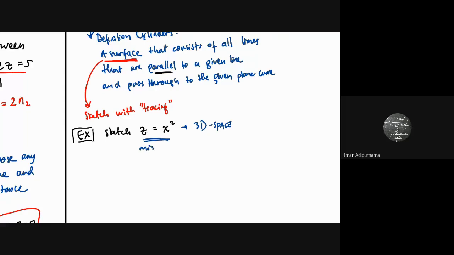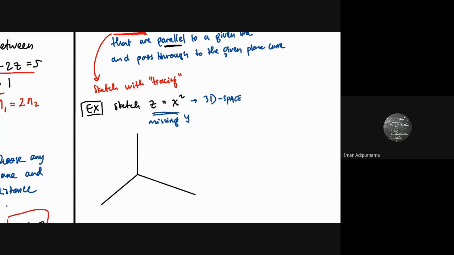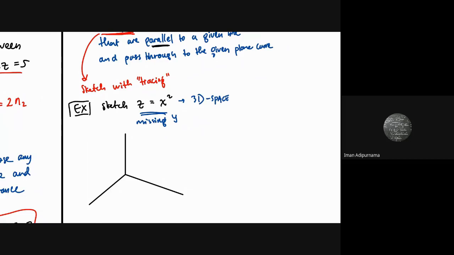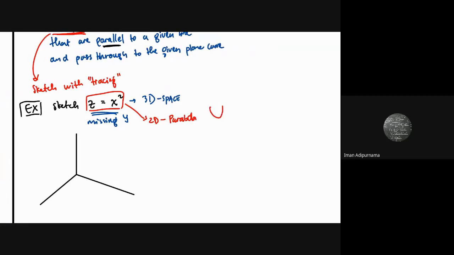So we are missing y-axis information. From this 2D projection, it's a parabola, probably something like this. So this is z and x, right?